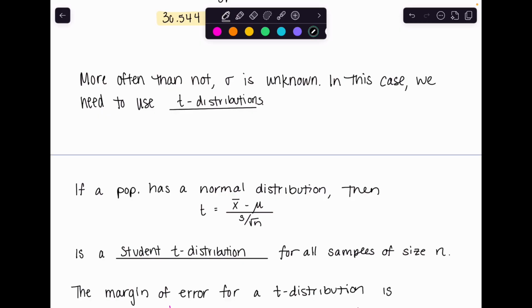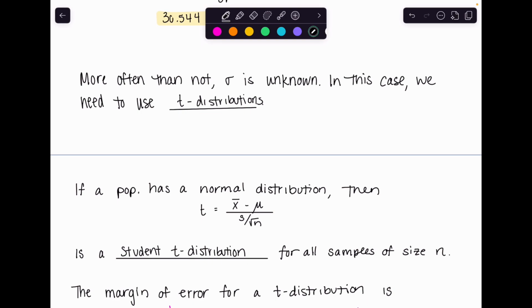It's going to have a bell-shaped curve. It's still symmetric like the normal distribution. The only difference is it's a little bit fatter in those tail ends. So if you remember, the normal distribution is really small at the ends, but our t-distribution is going to be a little bit bigger. So this helps with the uncertainty when we're estimating these population parameters for limited data.